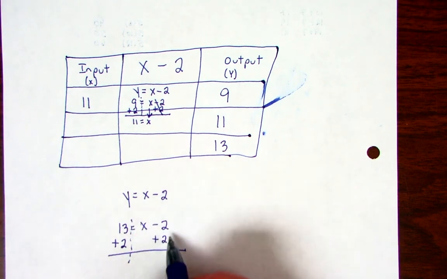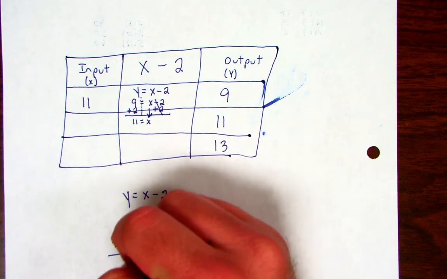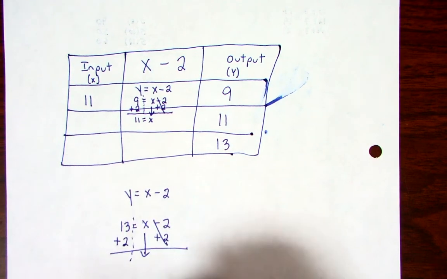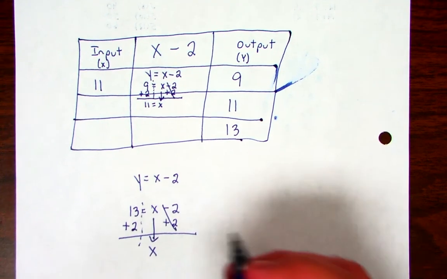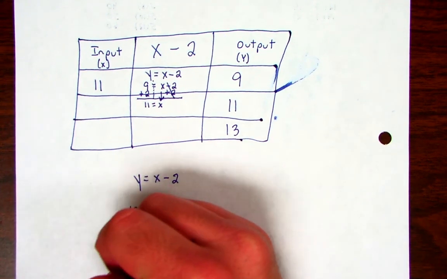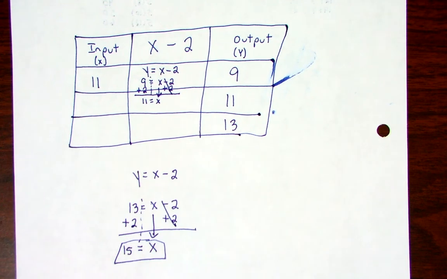The 2 take away 2 zeros out. The x I did not touch, bring them down. 13 plus 2 is 15. So x is equal to 15. Now check your work. X is 15 now, right?